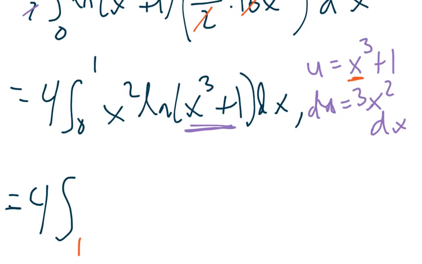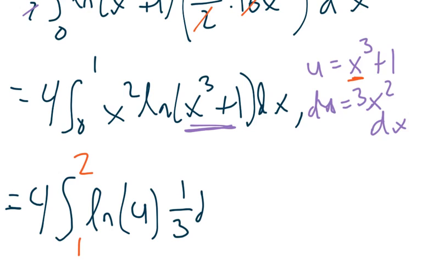If x is equal to 1, then u is equal to 2. 1 to 2. ln(x³ + 1) is just u, ln u. And then I have x² dx, which is 1/3 du.